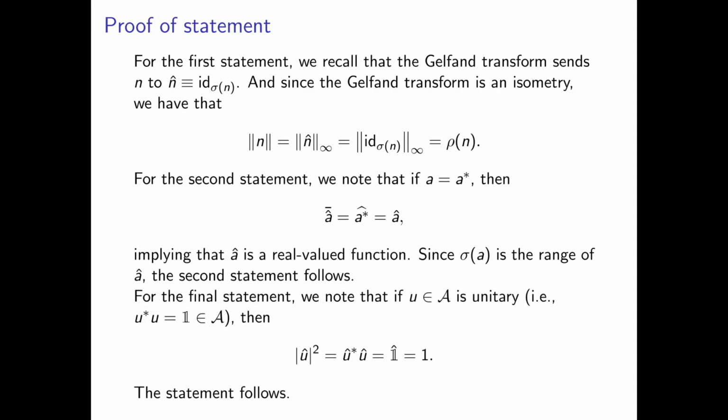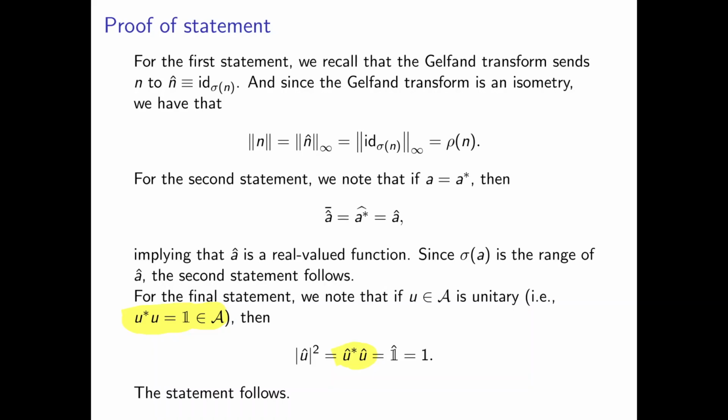And then for the final statement, we note that if U is a unitary element, that is that U star times U is equal to the unit in A. That's why we assume that A is a unital C-star algebra, by the way. Then the norm of U hat squared is just equal to U hat star times U hat, or maybe you should say the complex conjugate of U hat times U hat.